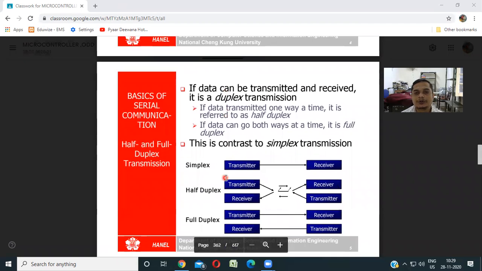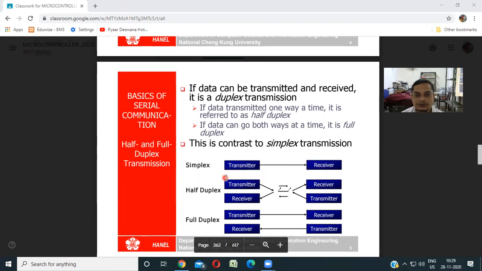Data can be transmitted and received in different modes of transmission. We can send the data in one way, from the sender to the receiver, which is one-way communication.